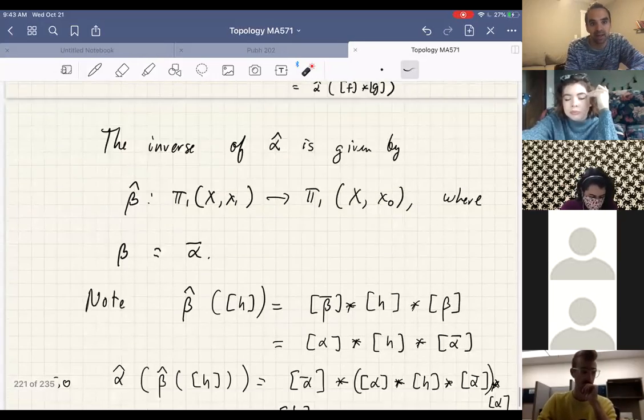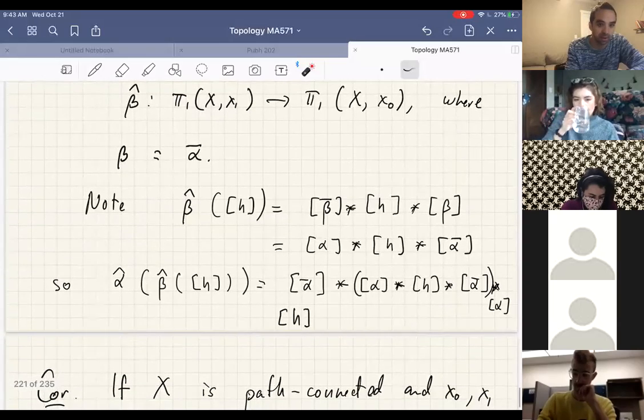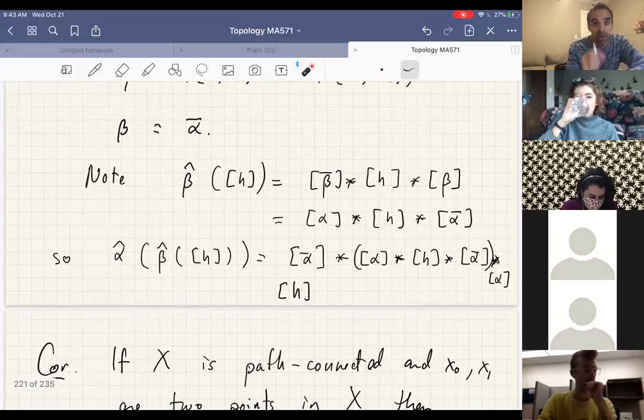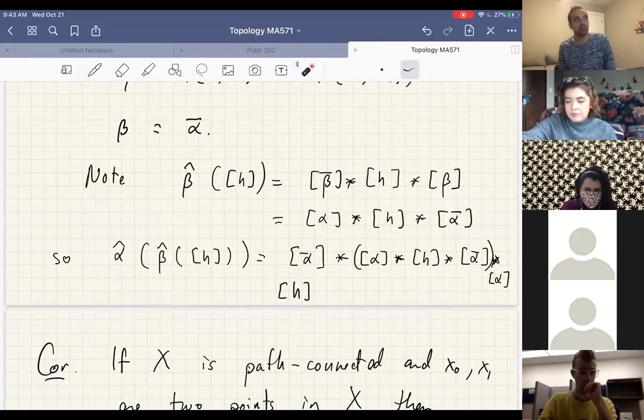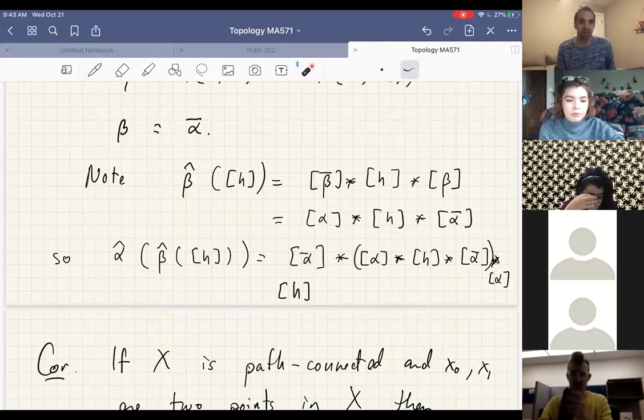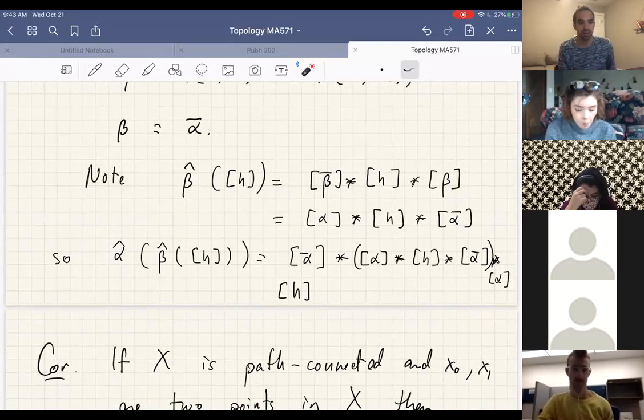Okay, so any path gives you an isomorphism of fundamental groups at different base points. A priori, the fundamental group depends on the base point, but I'm saying that any path between two points gives you an isomorphism between the fundamental groups at those points. Of course, this isomorphism is not unique.